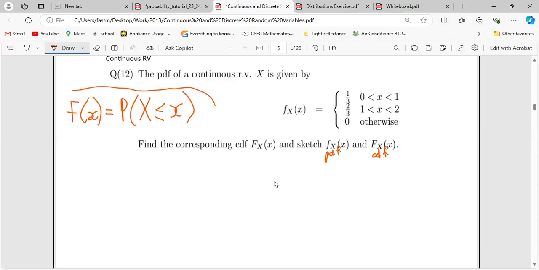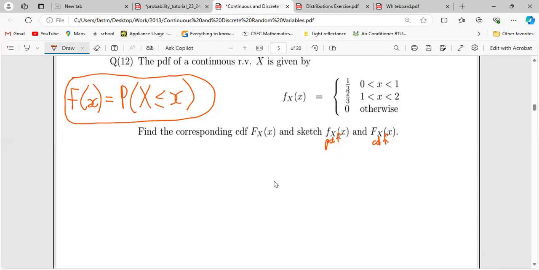This is what the CDF is by definition. It's just the probability that X is less than or equal to some value. It's just everything at or before it. So as you move forward, the probability of what is behind you tends to increase. That's how I think about it.